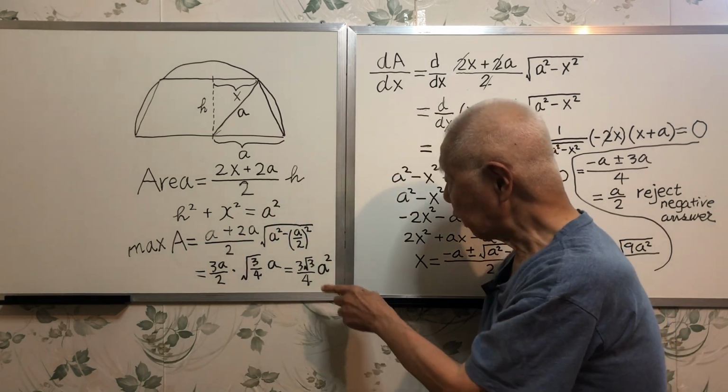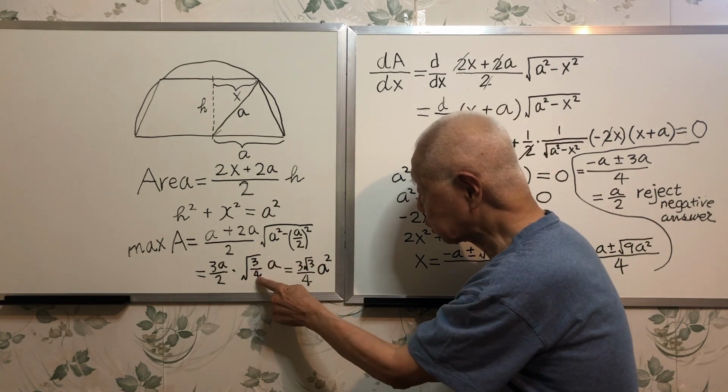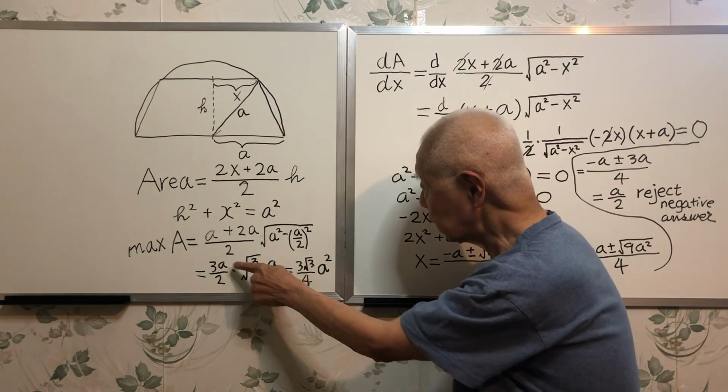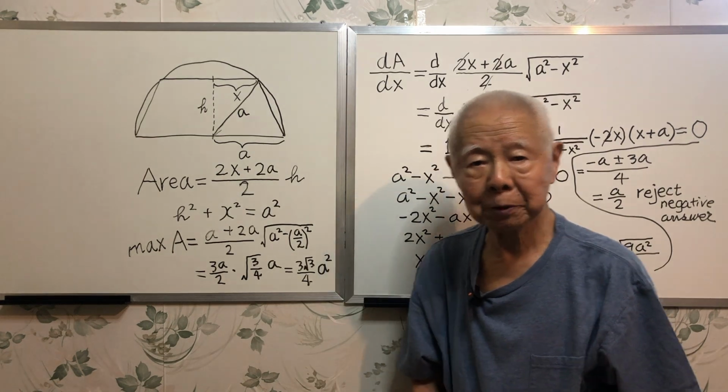So this is my final answer. 3 times root 3, 2 times 2, and a times a squared. So this is my maximum area.